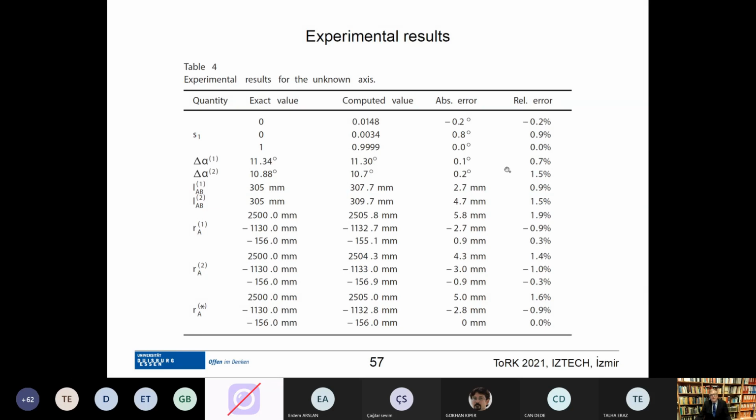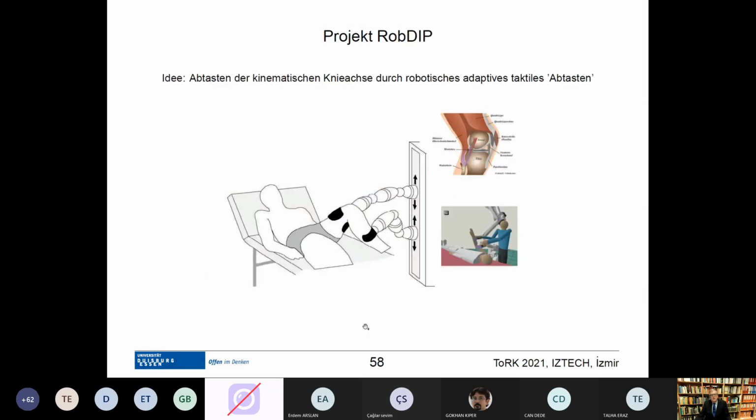So in fact, this works quite well, and so we started a project called Robotic, where we are using 2 robots to detect the axis tactilely. In contrast to existing systems which use more kinematical control, this would be an adaptive tactile control. Sorry for the German, but I guess you might understand it.